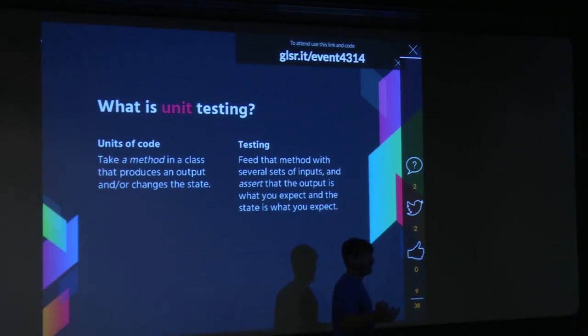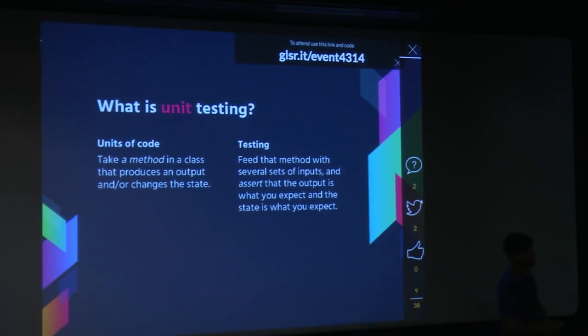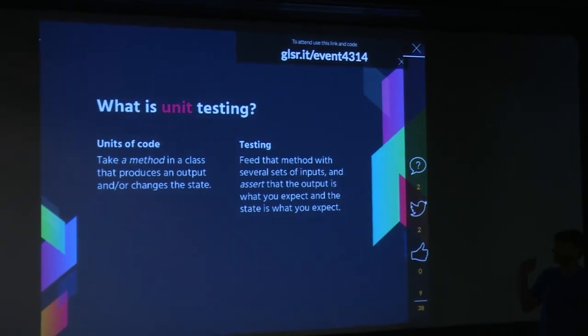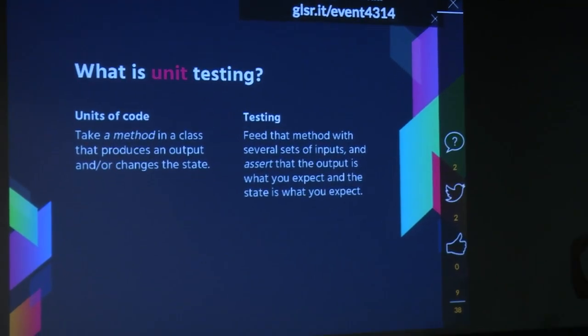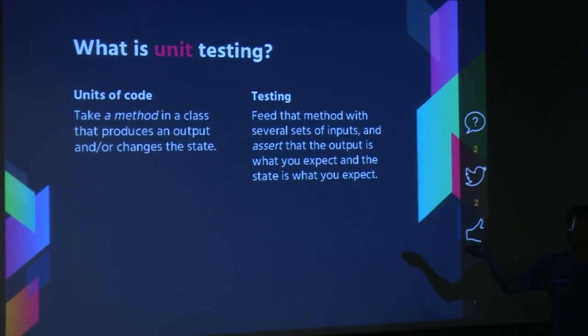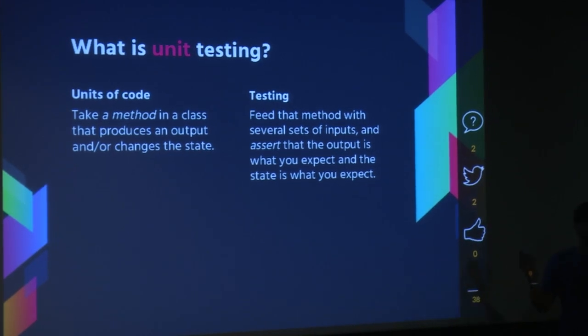So, since apparently half of you don't know what unit testing is: by unit, it means that you're testing units of code, chunks of PHP, where you want to assert or check how that code is behaving.